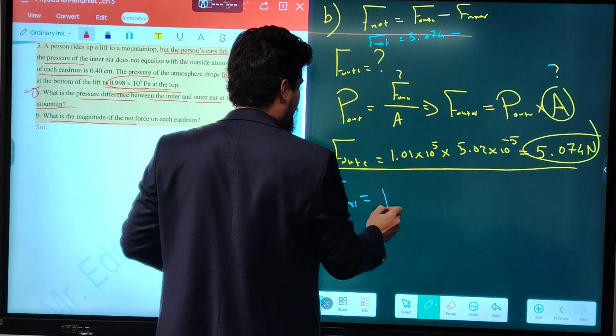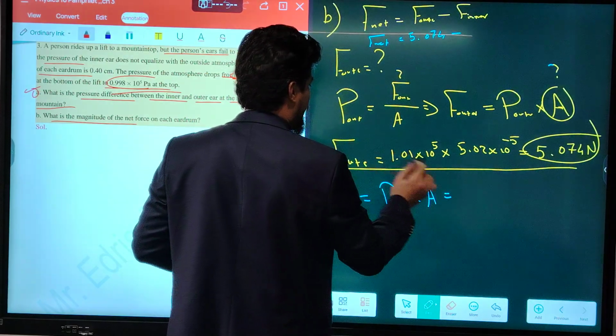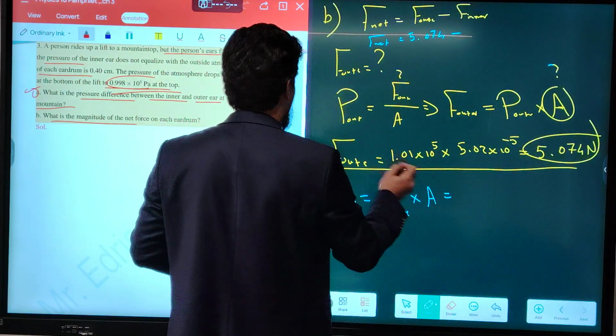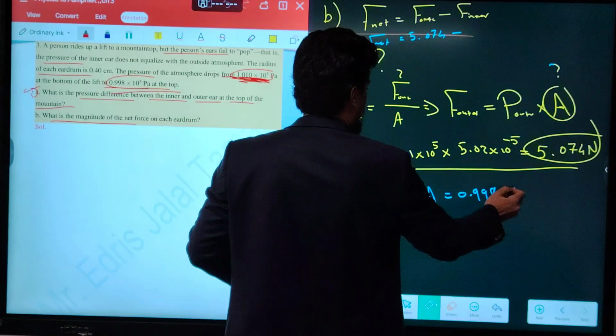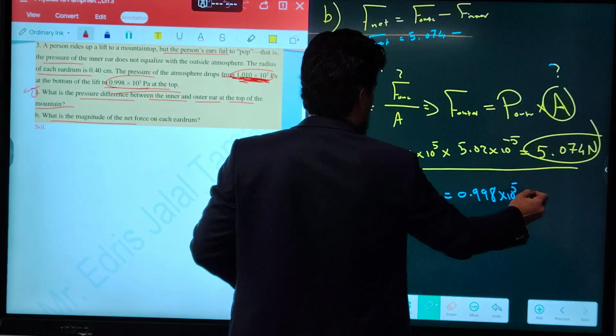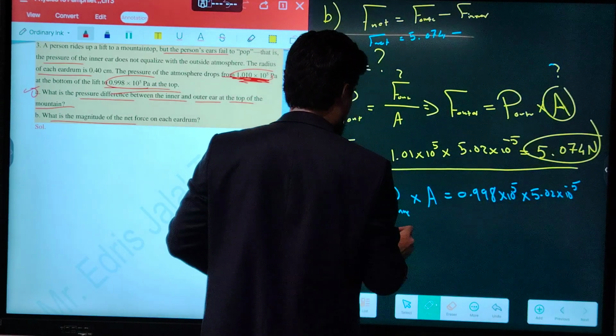Inner force is equal to P inner times area, the same area. Do we have P inner? Yes, 0.998 times 10 power 5 times the same area, 5.02 times 10 power negative 5.